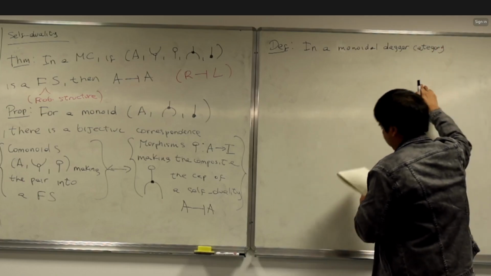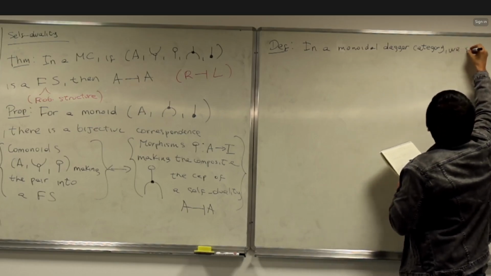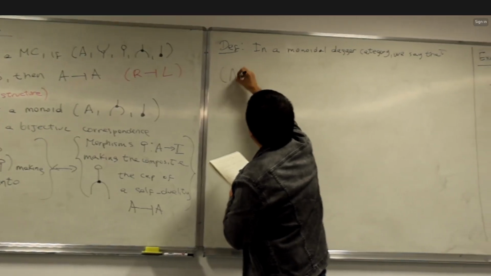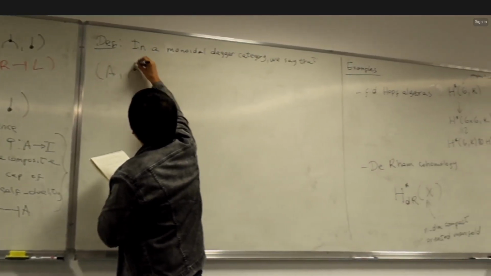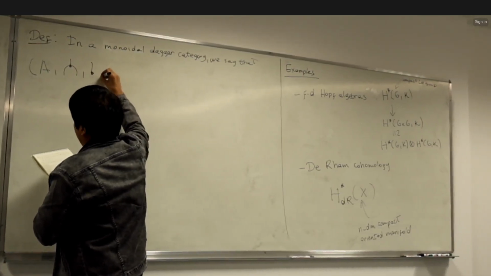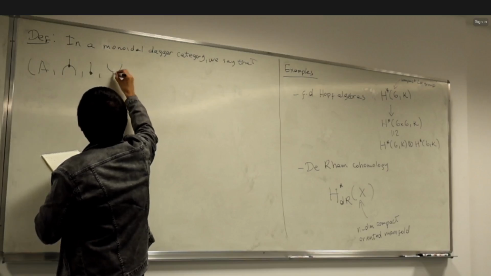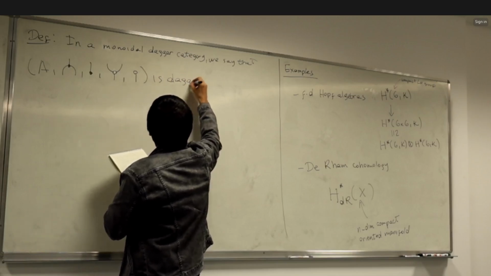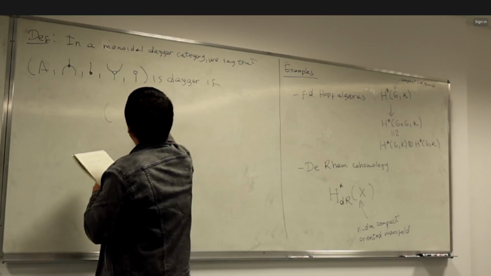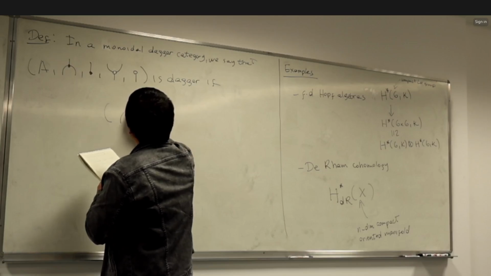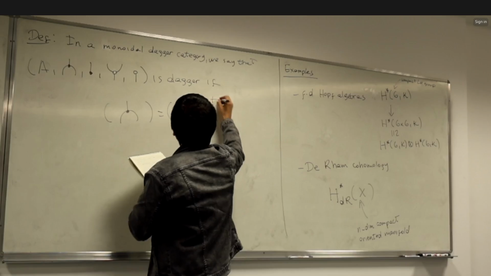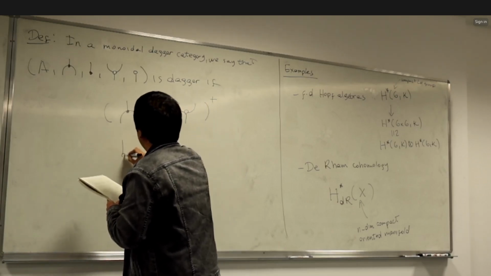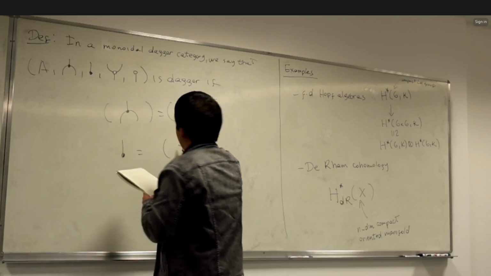We say that this Frobenius structure is dagger if the coproduct is the dagger of the product and the counit is the dagger of the unit.